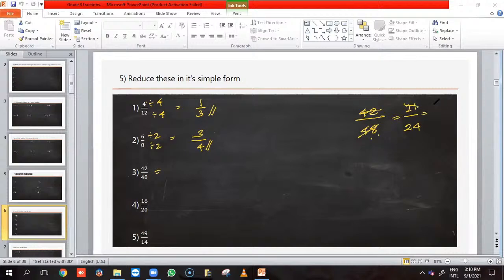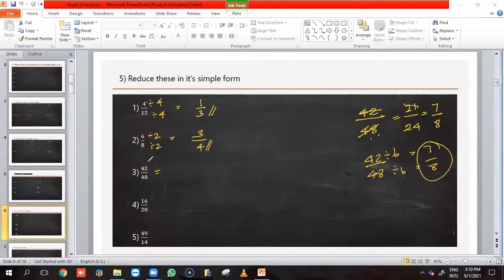So how many 3s here? 7. How many 3s here? 8. 7 over 8. Right? If someone can do it without dividing by 2 and 3 separately, if they know the 6 times table, they can divide. 42 divided by 6, that is 7. 48 divided by 6, that is 8. Straight away you can get the answer like this, right?